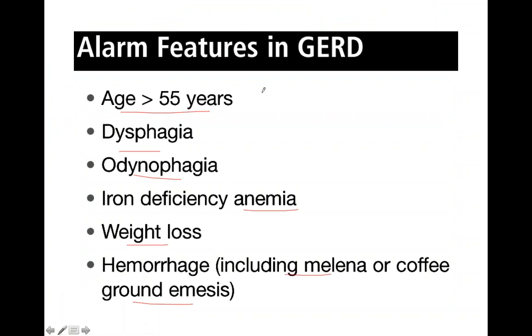In that case, the first step is upper GI endoscopy. Clear? Patient is more than 55 years of age, or has any of these. So this is the protocol we follow.